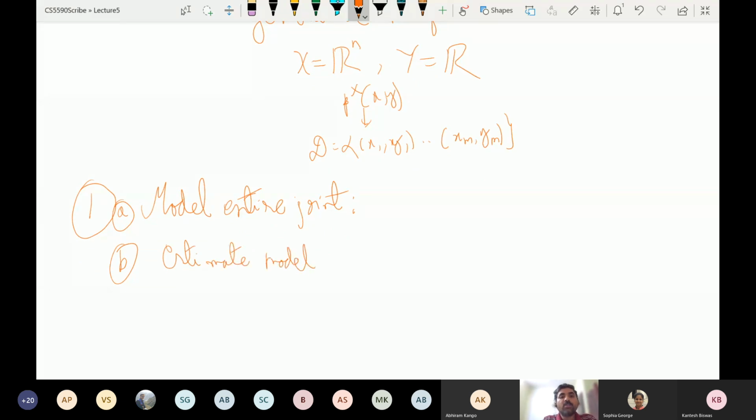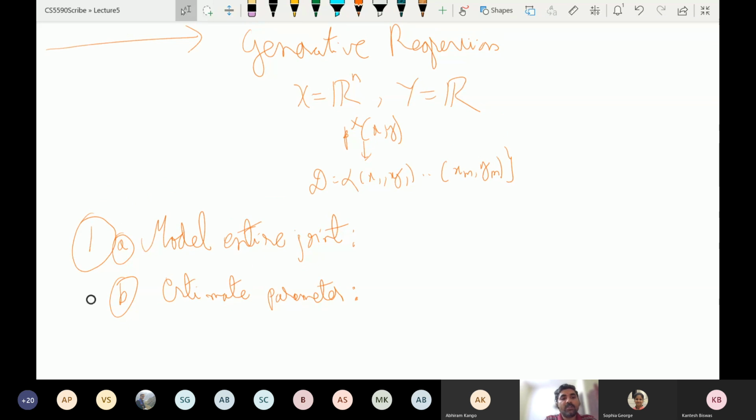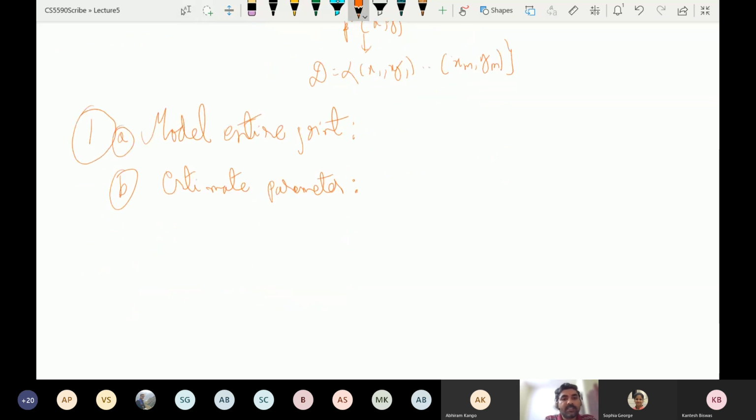After the first step, you will have an approximation for the underlying joint distribution. The second step is to compute the posterior from the joint, and the third step is the regressor, the final prediction function, which is the approximation to the Bayes optimal.